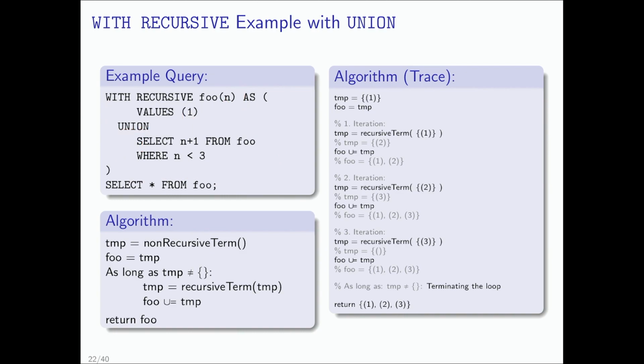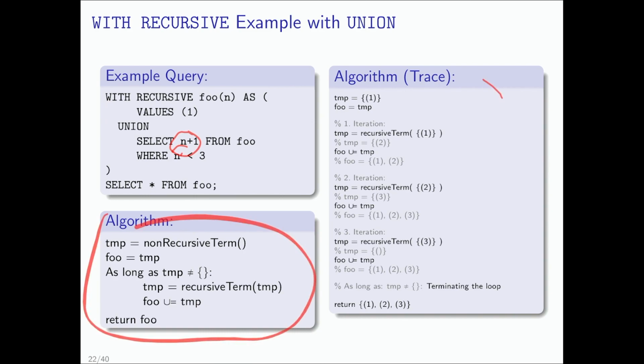However, only those n that are smaller than 3. Again, think about how that is being evaluated. We select all tuples from foo, from the input. Those tuples where n is strictly smaller than 3 pass, and for those tuples, we return whatever n is plus 1. That's the algorithm again, as from the previous slide.